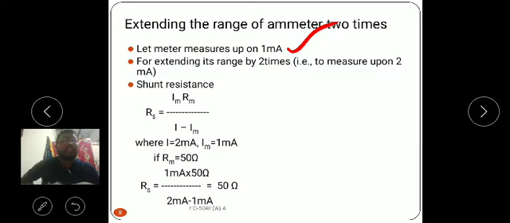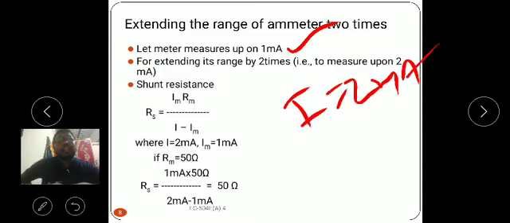Then substitute the values. The total current I is 2 milliamps, since I am extending the current range up to 2 milliamps. IM is equal to 1 milliamp, and the meter resistance RM is equal to 50 ohms.